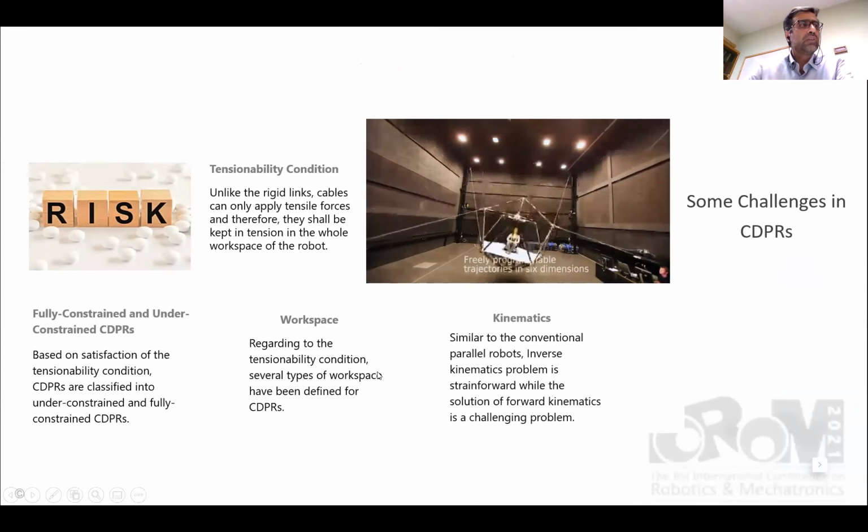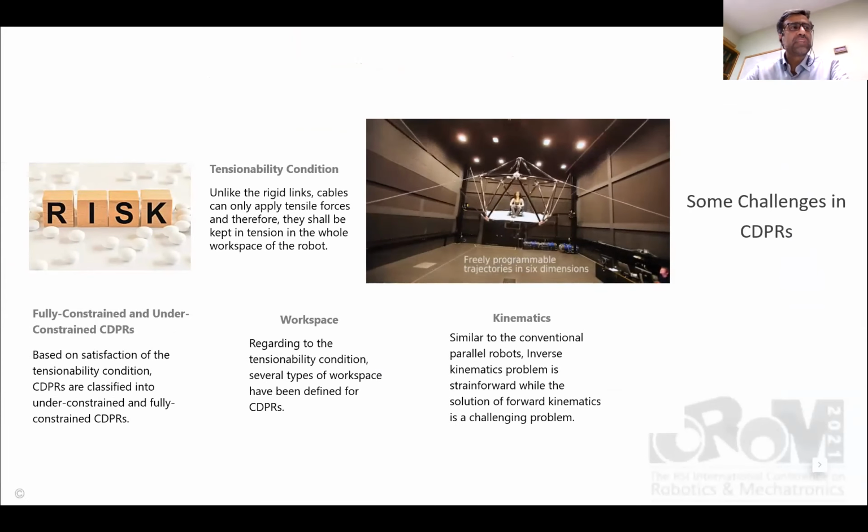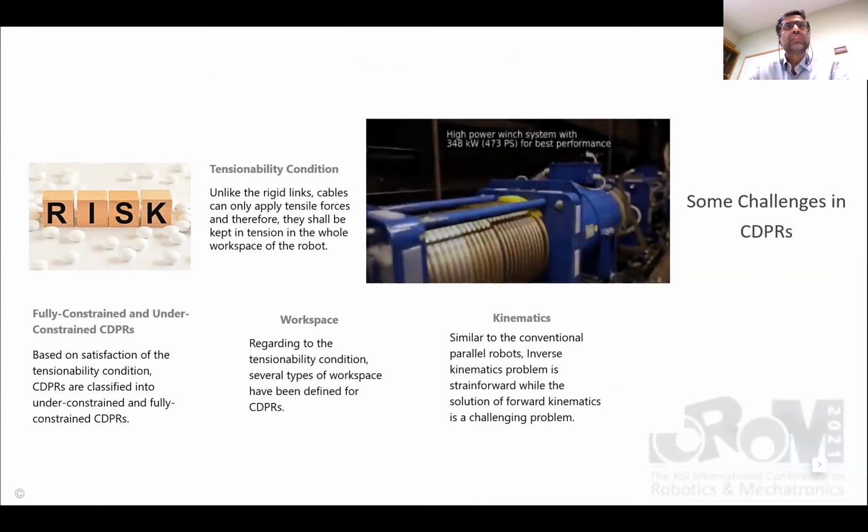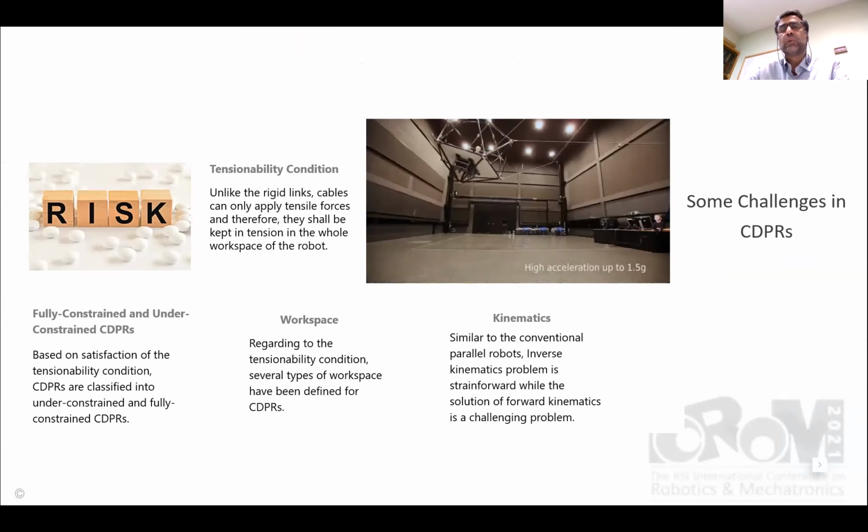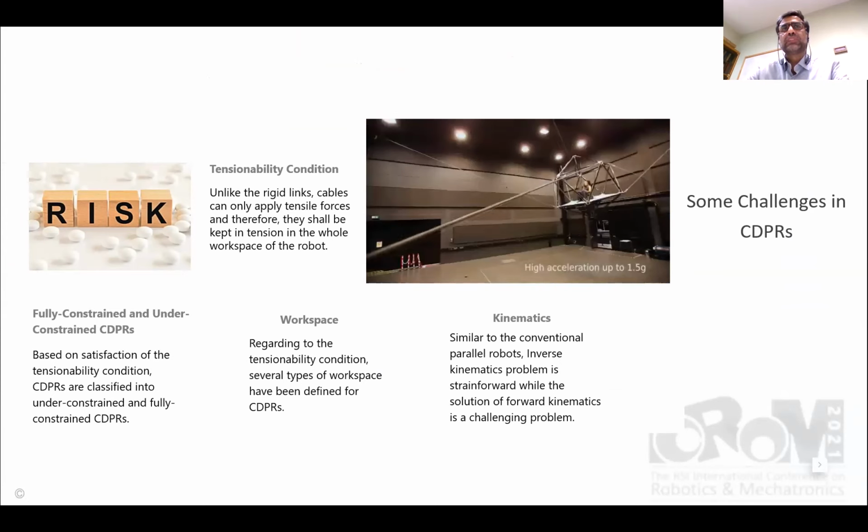However, using cables instead of rigid links leads to some challenges in the design of CDPRs. Unlike rigid links, cables can only apply tensile forces, and therefore they should be kept in tension in the whole workspace of the robot.